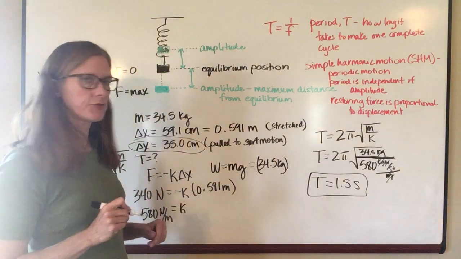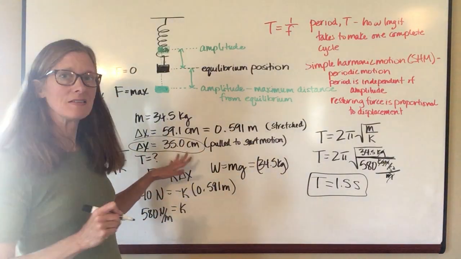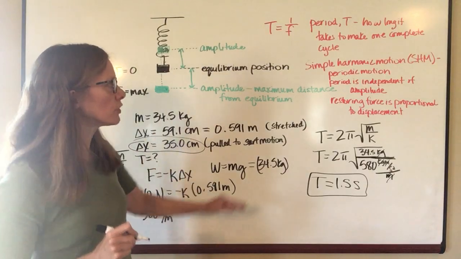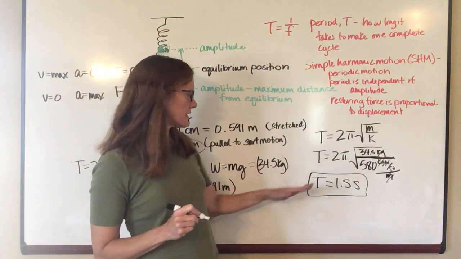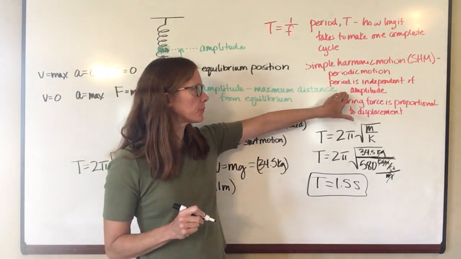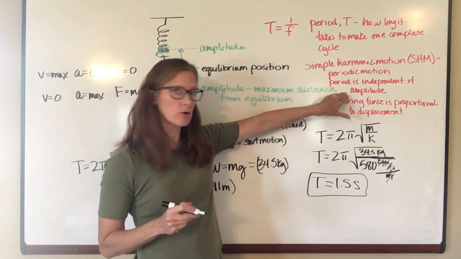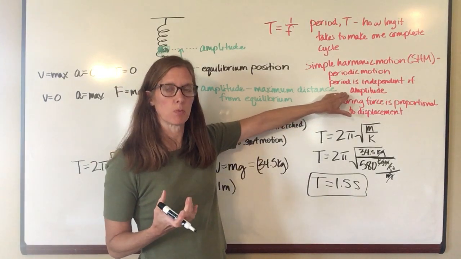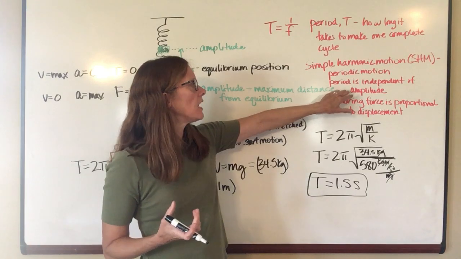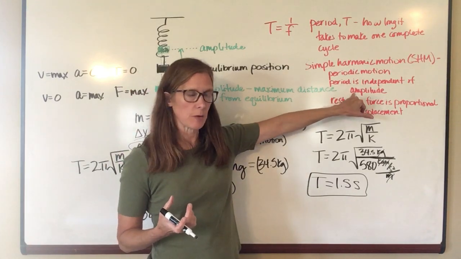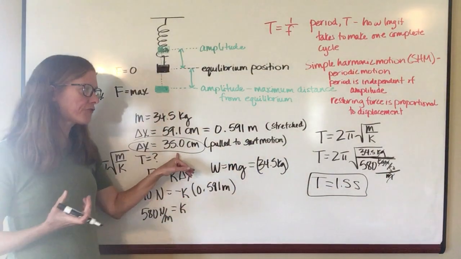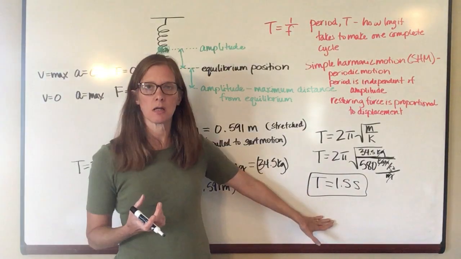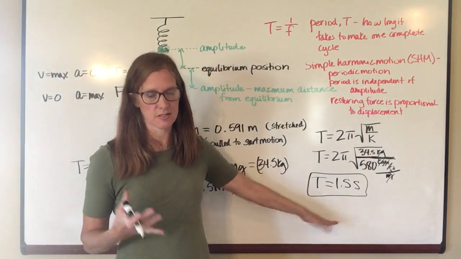They gave me the information, but I didn't need it because, as you've already learned, it doesn't matter what the amplitude is. It only matters what the spring constant is doing and what the restoring force of the spring is. The period is independent of the amplitude. It didn't matter how far she stretched it. The period would have been the same regardless, okay?